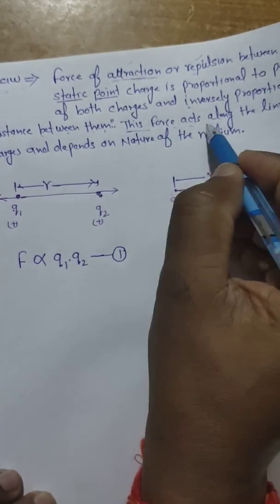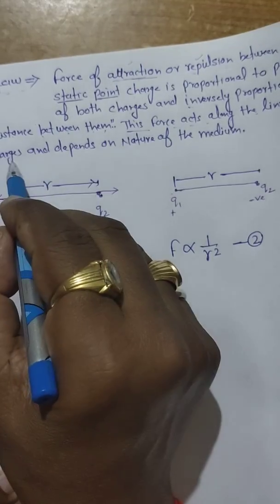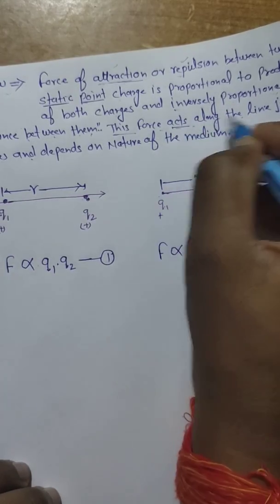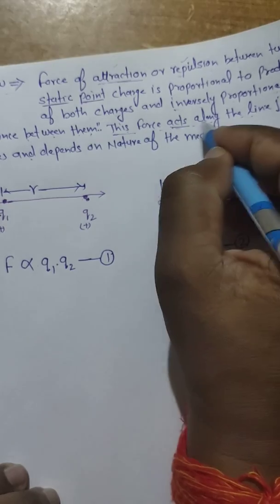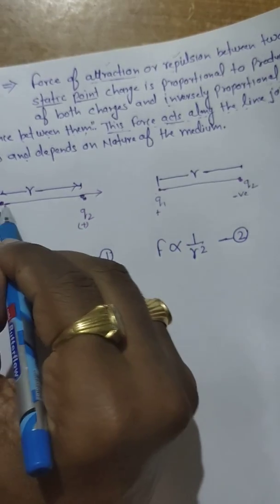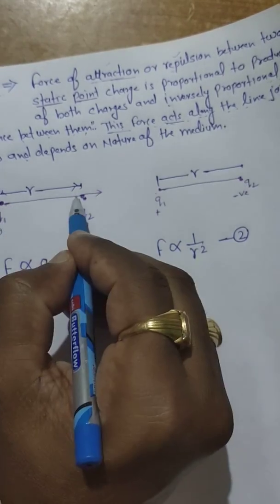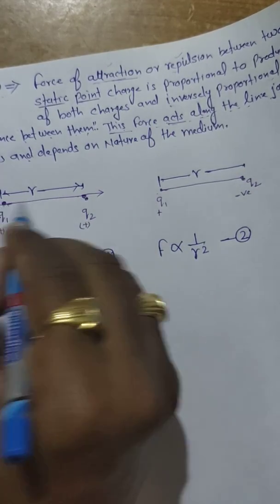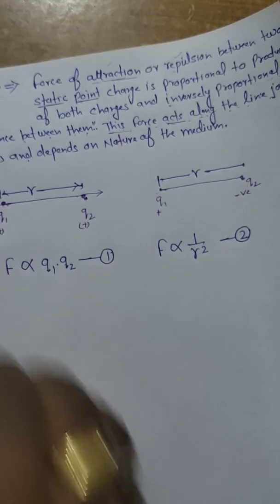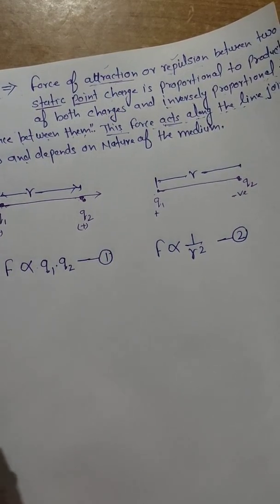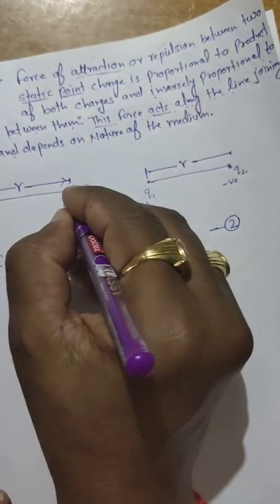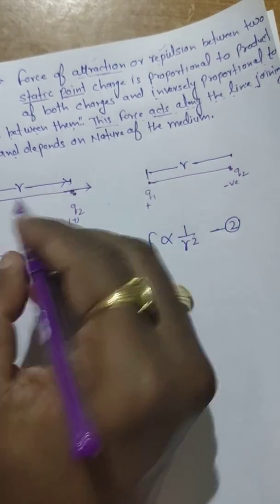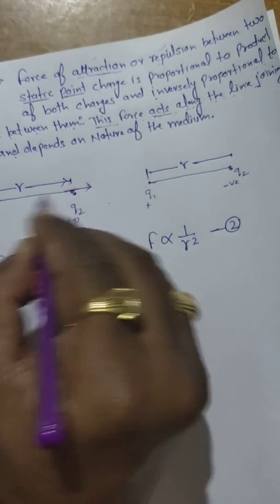This force acts along the line joining the two charges. It is a very important line. The force acts along the line, meaning the force of attraction or repulsion between two charges acts along the line joining them. The force always acts in this direction, not in other directions, always along the line joining them.